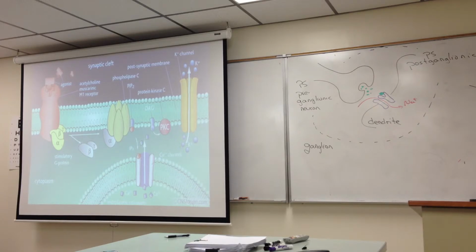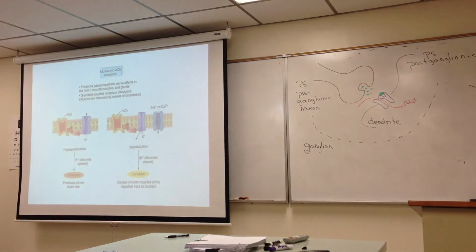Does it slow down or speed up? Its contraction speeds up. So in that case, we have sodium or calcium channels that open, and the cell depolarizes. So both are G proteins. The effect is what happens, what that G protein activates or inactivates.